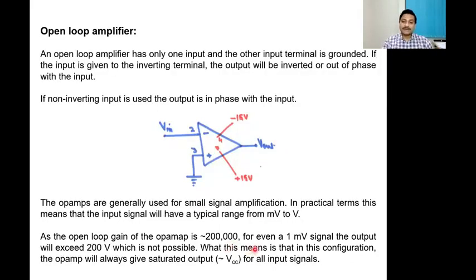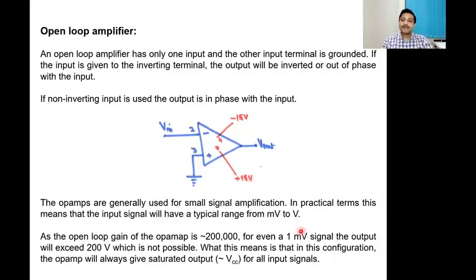So what this means is that in this open loop configuration, the operational amplifier will basically give you an output which is limited by VCC. That's what we meant by saturated output, or V_saturation, which is limited by VCC and will typically be a couple of volts lower than VCC because of the transistor forward drops.